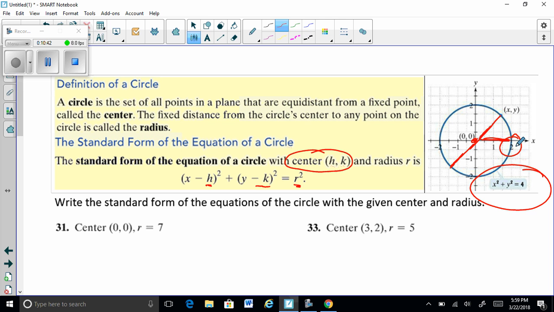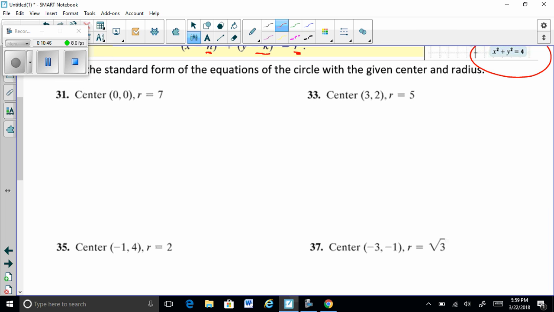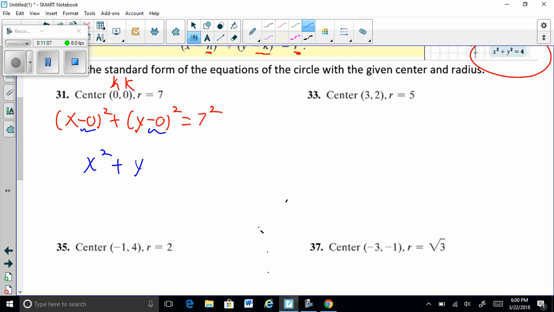All right, so let's go ahead and try a couple of these. So basically your h and your k are 0, so that's kind of silly. So you're going to have x minus 0 squared plus y minus 0 squared is equal to 7 squared. And so really you don't need those minus zeros. So we're going to have x squared plus y squared is equal to 49, and that's what we're looking at on that one.